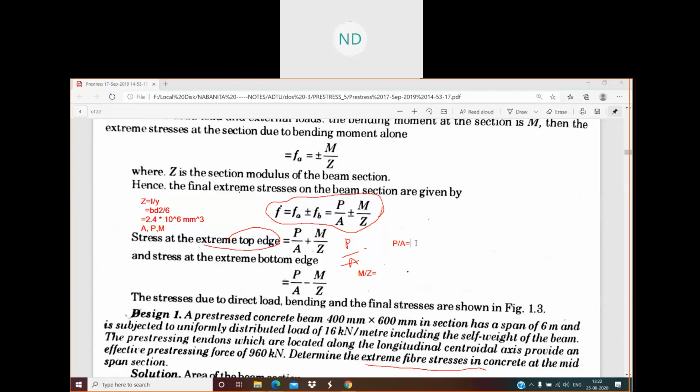How much is M by Z? Anyone? M by Z? Five.